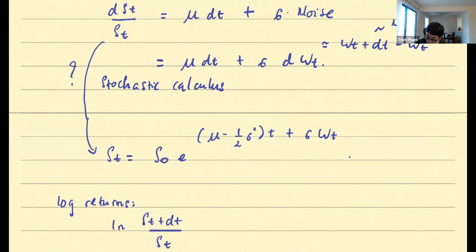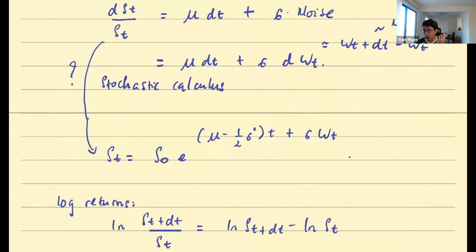Now, by the definition of the log, the log of the ratio is the difference of the logs.